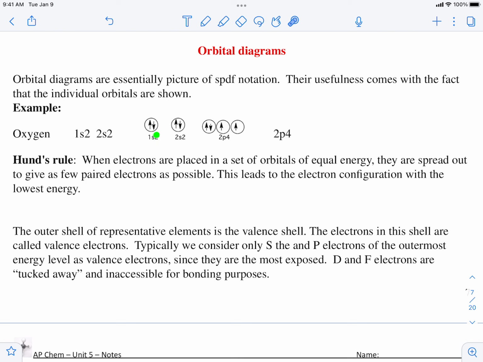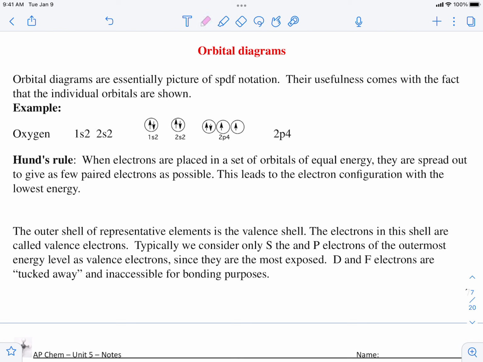Here's the 1s. It's a circle, and it's got 2 electrons because every orbital holds 2 electrons. Now, in every orbital, your electrons cannot have the same direction of spin. That is why the first one faces up and the second one faces down. You will never have them pointing in the same direction. Okay?